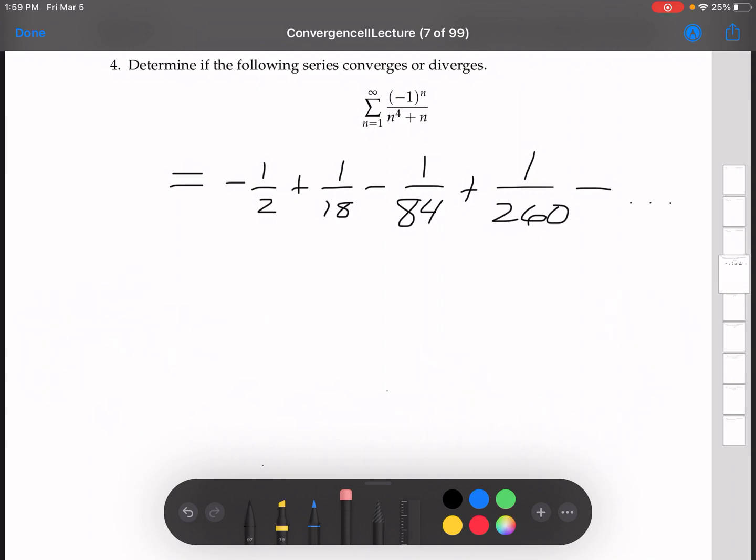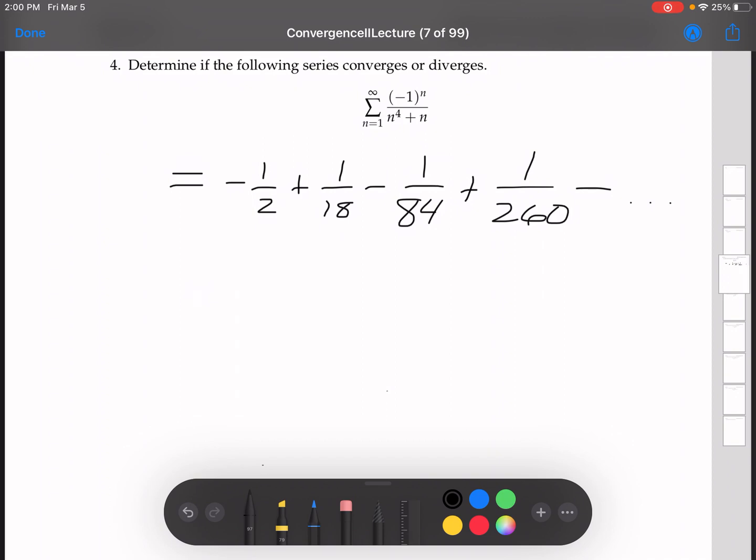And we have a theorem that says that if the positive term series, or the series that replaces all the negatives with positives, converges, then the original series converges. And so what I mean by that, these are different series, so I don't want you to think that these are equal. Let me get rid of this equal sign here.